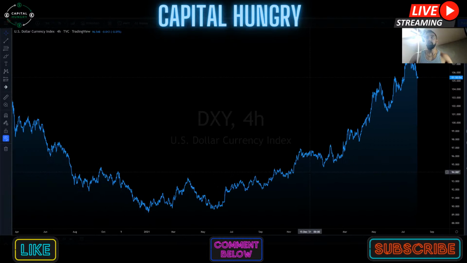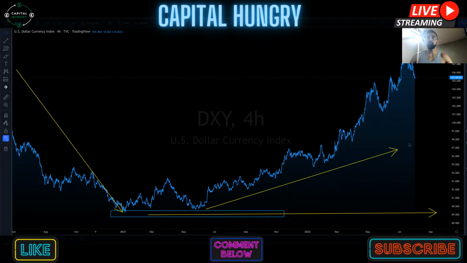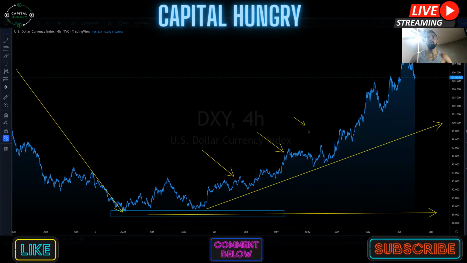The reason why dollar has been so bullish ever since we hit this very strong demand zone is as all of the interest rate cuts and money printing was priced in, what we had happen over the last year and a half was the Federal Reserve start to switch their monetary policy stance to a more hawkish tone, starting to give tapering rumors, starting to give rate hike rumors, actually increasing rates, continued expected rate hikes, continued tapering, and so forth.